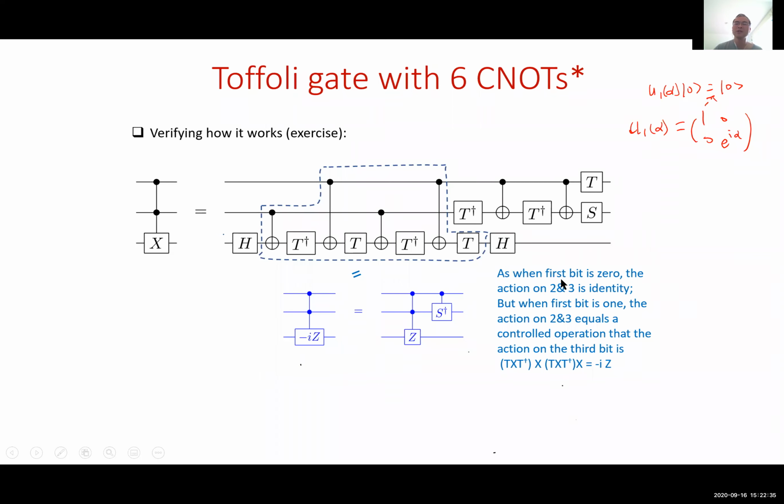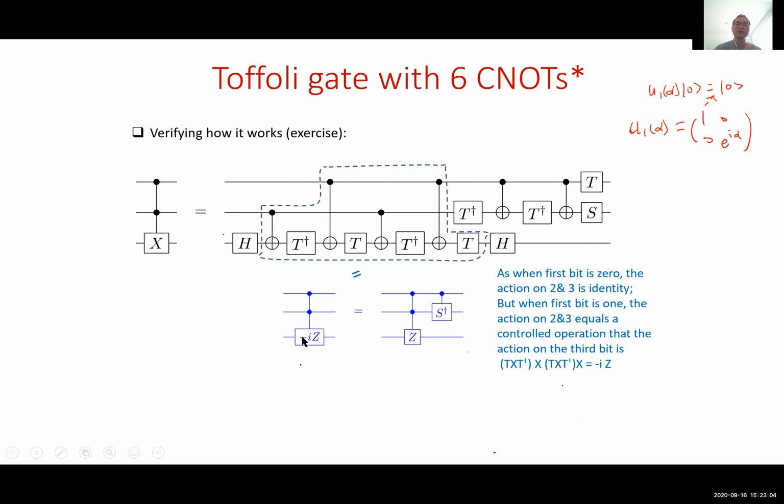You can first check that if the first bit is 0, the action on the 2 and 3 is really identity. But when the first bit is 1, the action on 2 and 3 is a control operation, which if you use this identity, you find that it's control minus I times Z gate.